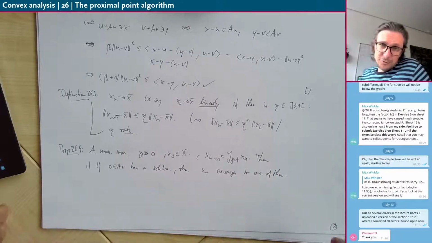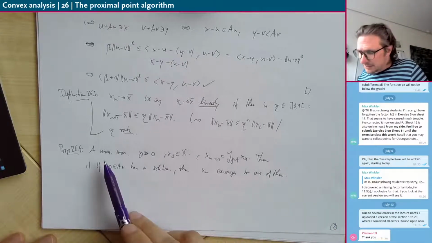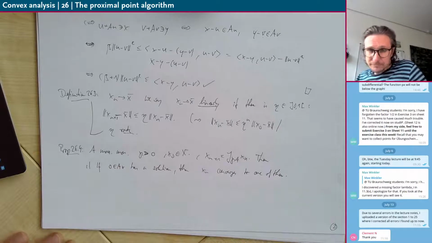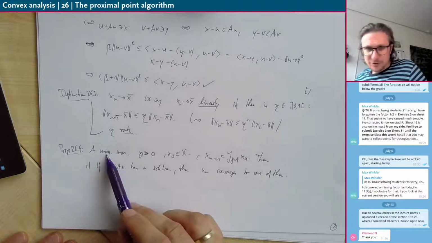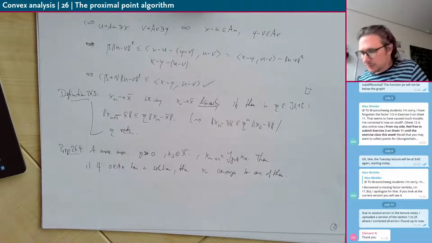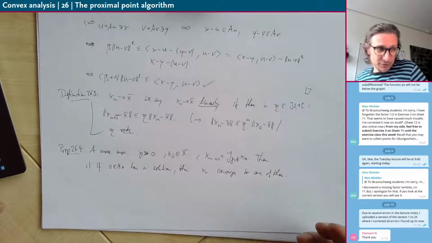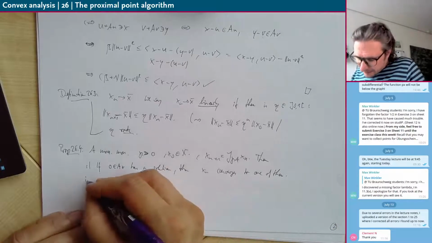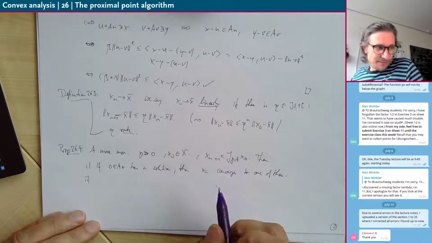Without existence of a solution we can't prove anything, and it's not really clear that there should be some. So for example, A could be constant 1, then it would still be maximally monotone, but there would be no solution. But as soon as there is one, the iteration will catch one of them.